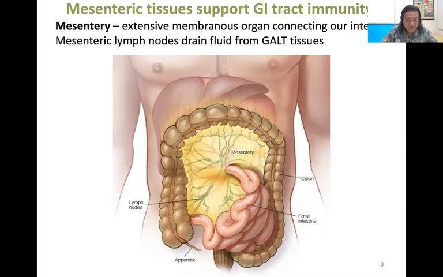But it turns out that a group of European researchers, after doing a lot of work looking at the layout of our gut, concluded that the mesentery, instead of being a whole series of separate folded membrane connections, is actually one continuous membrane organ that is wrapped around everything.